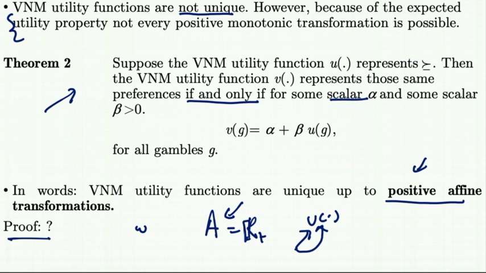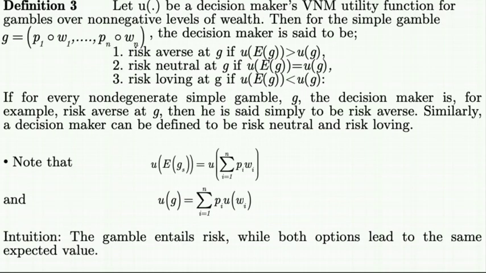Okay, so now let's look at the next definition about the von Neumann utility function. So let's say U be a decision maker's or the consumer's von Neumann-Morgenstern utility function for gambles over non-negative levels of wealth, because we already put this assumption. So this time the gambles don't give you any losses or zero profit, for instance.